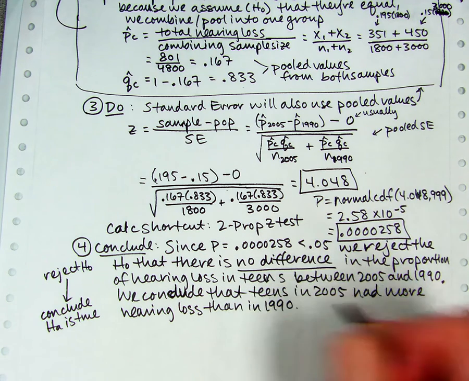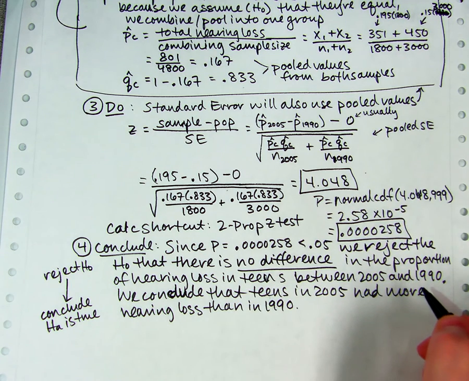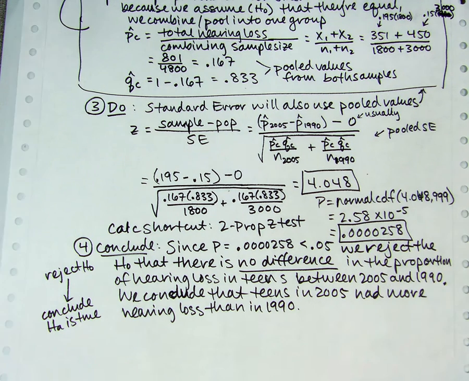And make sure you're writing about the populations. We wouldn't want to say the sample of teens had more hearing loss. We'd want to imply that it's the population of teens. Basically, this is evidence that hearing loss is worse in 2005 than it was in 1990.